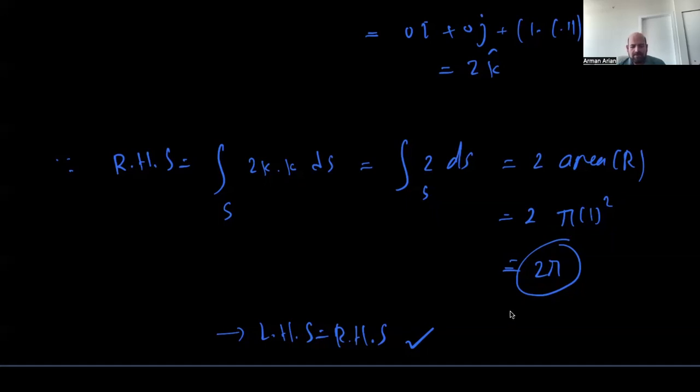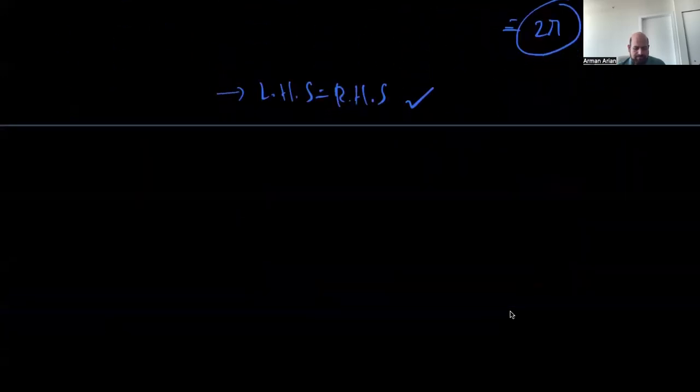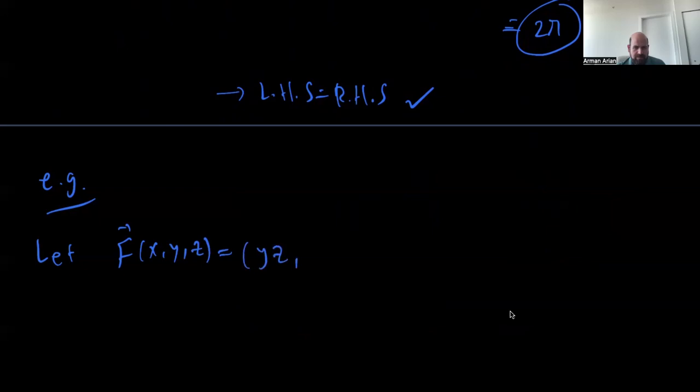All right, so let's look at the next example. Let f of x, y, and z be this time yz, xz, and xy.